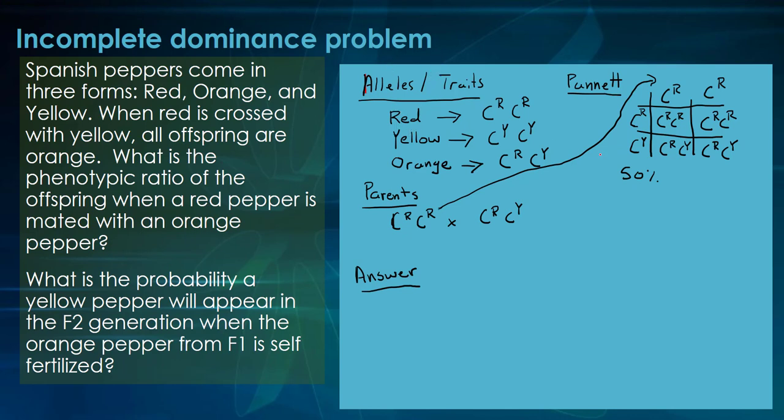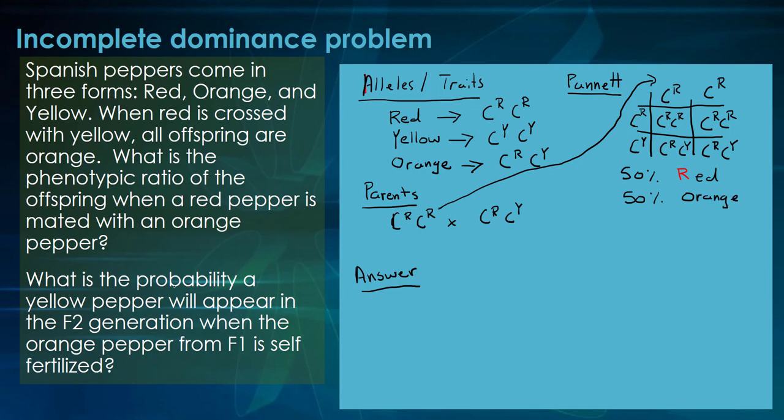Okay, continuing. So looking over here, 50% of these offspring are going to be red. We'll just have a red R. Really cool. And 50% of these are going to be orange.